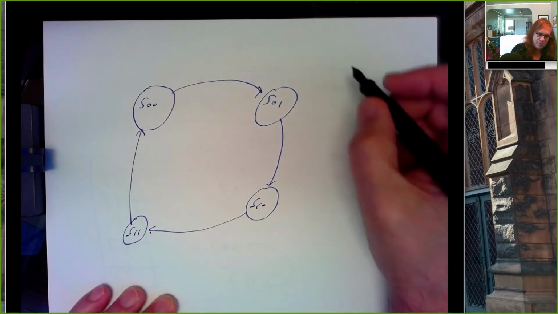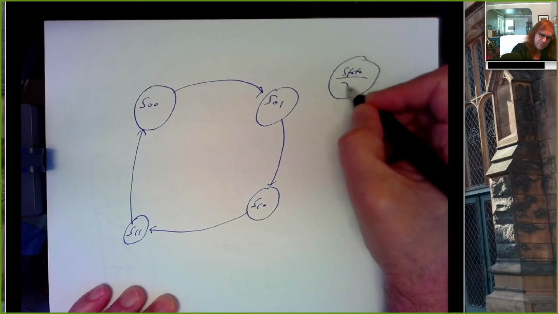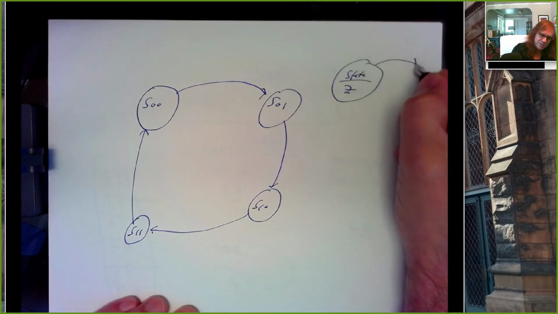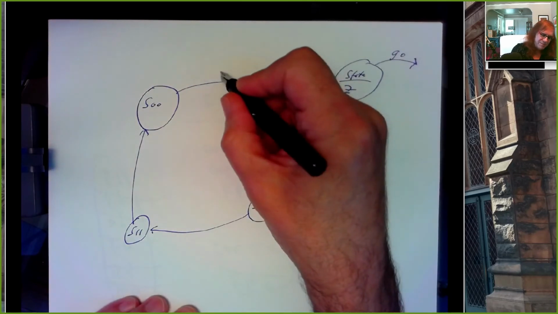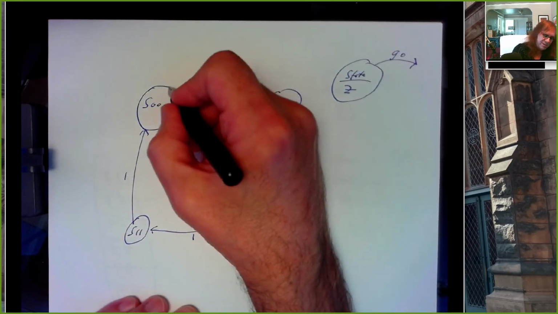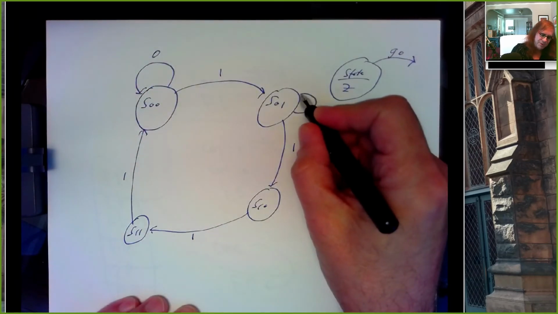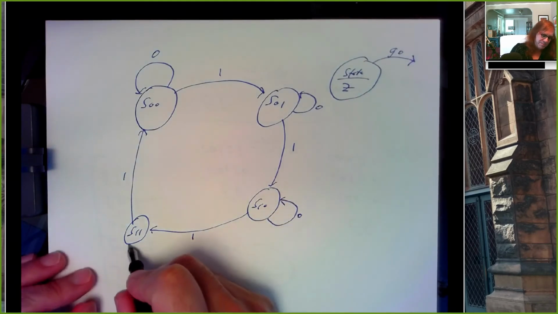We'll have a state with an output value and a transition which I'm going to call go. The idea is if my go input is a 1, I will move from one state to the next, and if my go input is a 0, I will pause my count. So I'll just stay where I am.